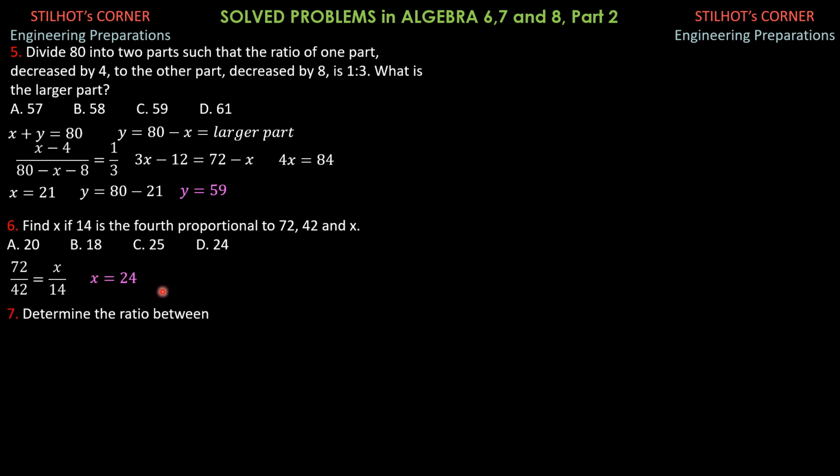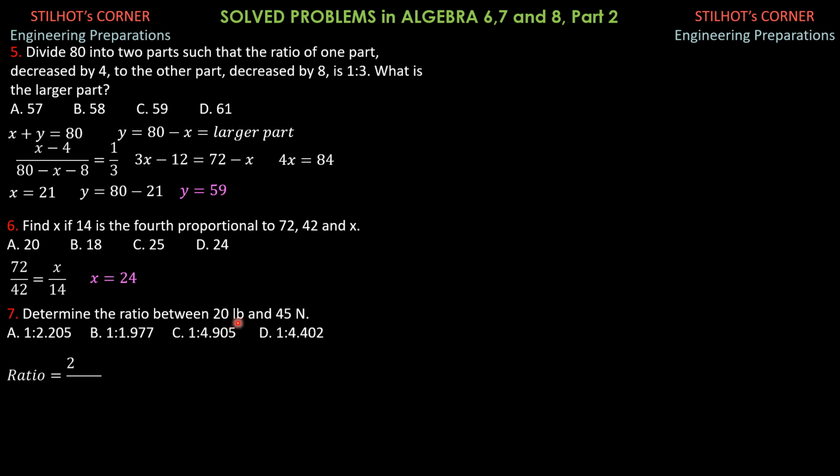Problem 7. Determine the ratio between 20 pounds and 45 newtons. So for the ratio between 20 pounds and 45 newtons, we just have to take note of the conversions, that 1 kilogram is equal to 9.81 newtons, and it is also 2.205 pounds.